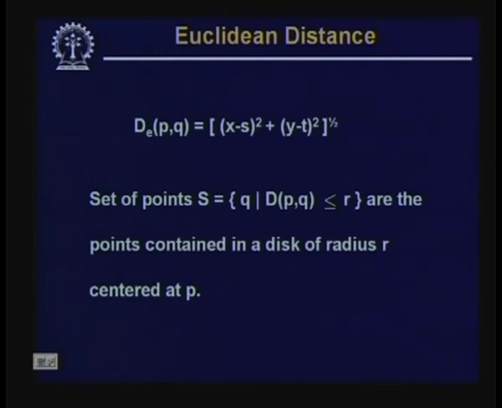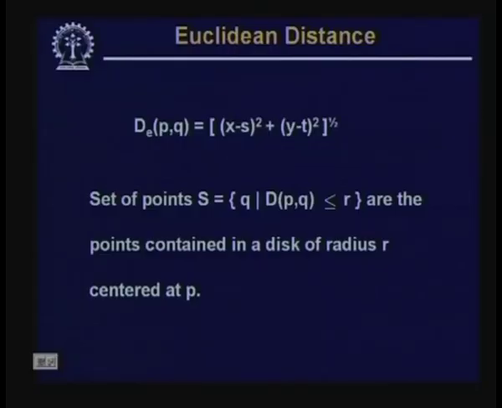So, in case of Euclidean distance, you find the set of points Q where dpq, the distance between P and Q, obviously we are talking about the Euclidean distance, is less than or equal to some value r.